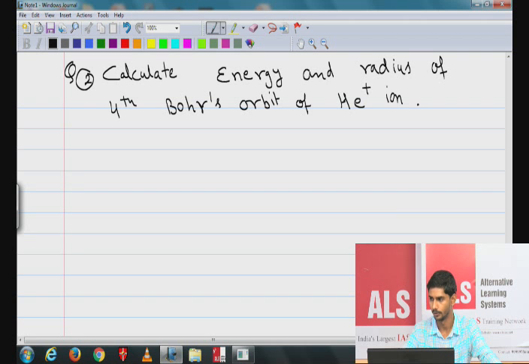Okay, you have got the radius. Okay, Taba. Who is the other one at Itanagar?